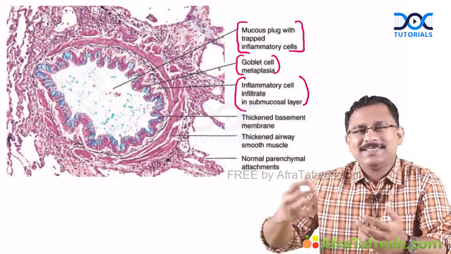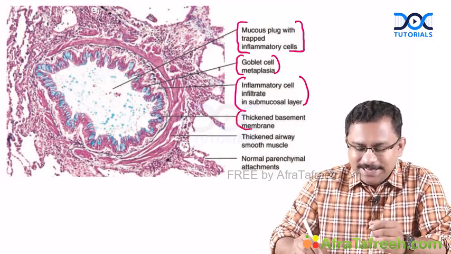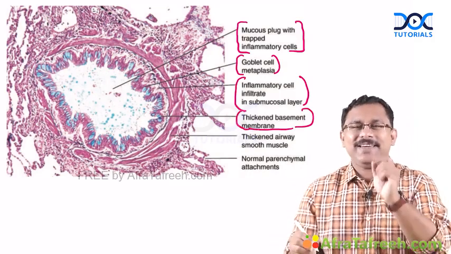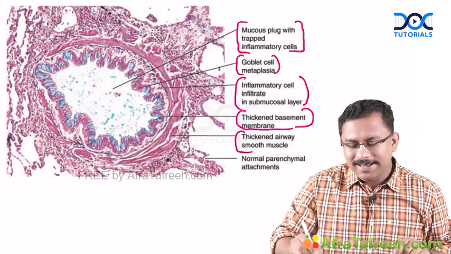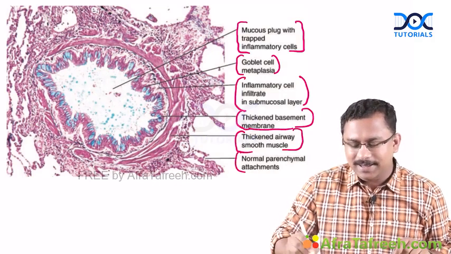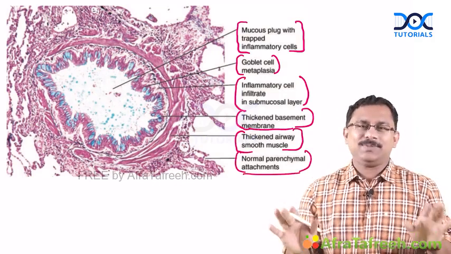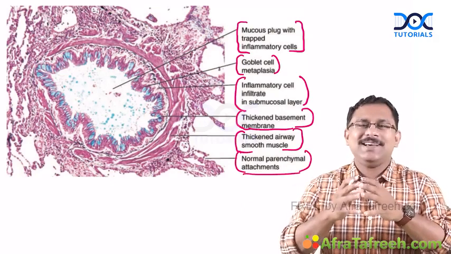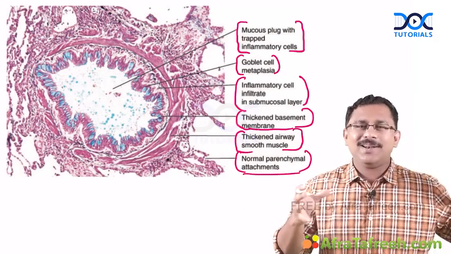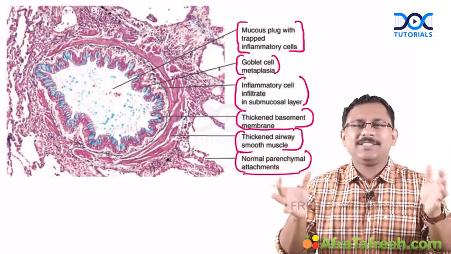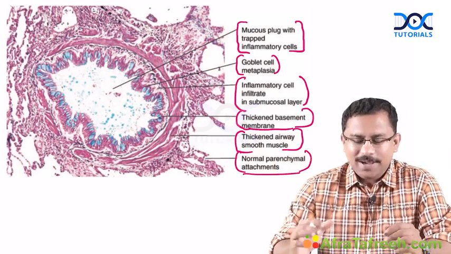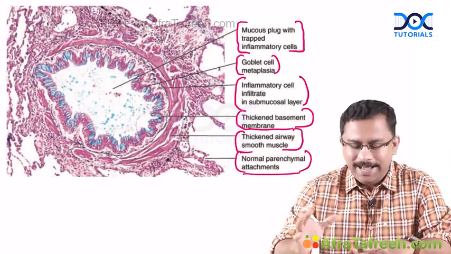Predominantly it's the eosinophils and Th2 cells, and the basement membrane is very much thick, very important point. And thickened airway smooth muscle and normal parenchymal attachments. The airway smooth muscle also, compared to the normal individual, the layer is very much thick here again. Okay, so these are the pathological changes that happen.